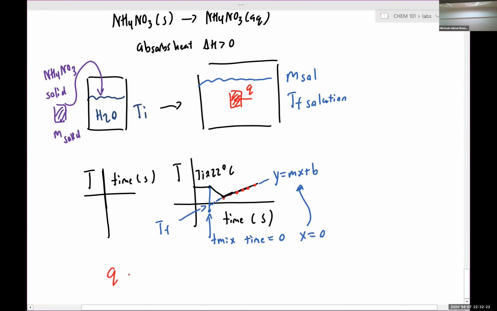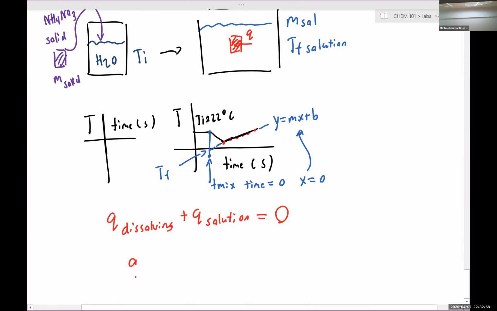So we know that the Q of solution plus the Q absorbed or released by our water. Let me rename this. I'm going to call this Q dissolving plus the Q of our solution, any heat released by our solution, and any heat absorbed by our dissolving process must be equal to 0.